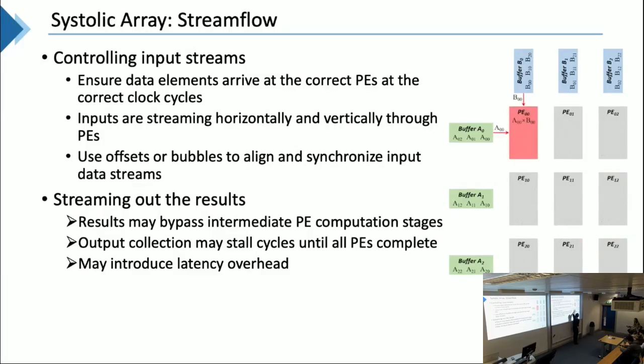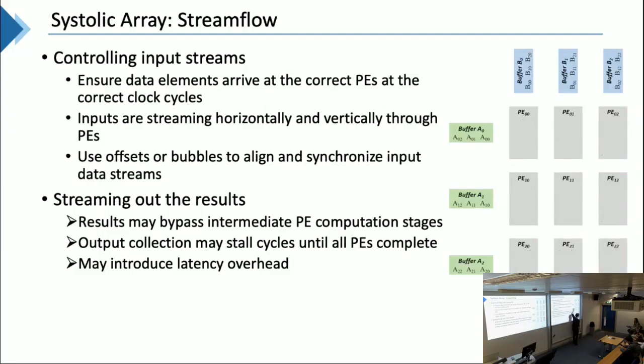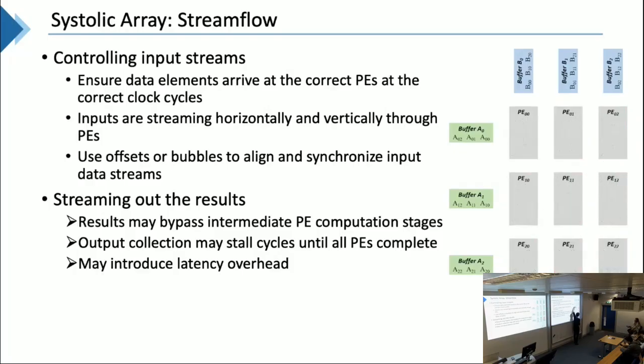If you feed the data into PE10, the element A10 will only multiply with 0, right? With nothing. That's the reason why in the first clock cycle you only feed A00, and buffer A1 will start to feed data in the second clock cycle, because it needs to wait for B00 to come from up to down to get the correct answer multiplied together.